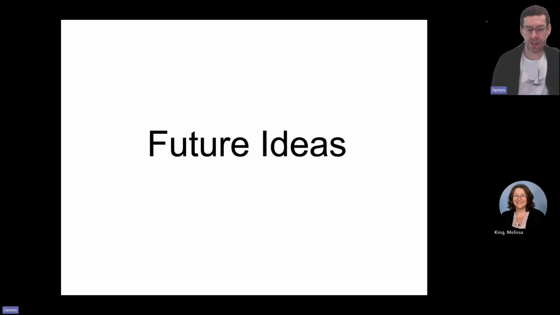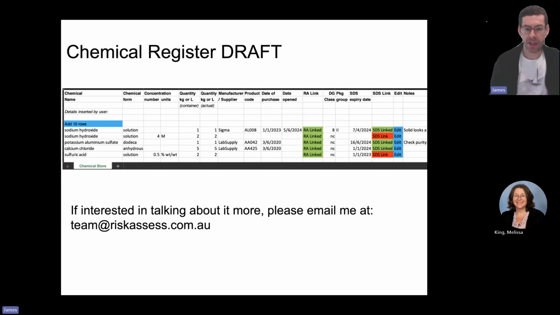Oh yeah, future ideas. We did these very quickly because we're getting towards the end of time, and I want to show you some tips and tricks as well. So this one, we're thinking to add a chemical register into RiskAssess. What you're seeing on the screen is just a made up one in Excel. It's not a really programmed one.